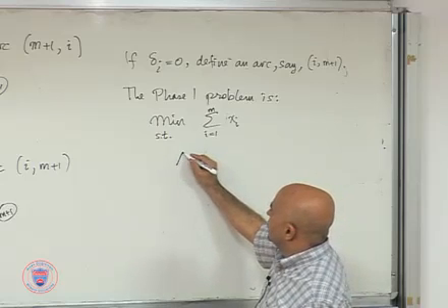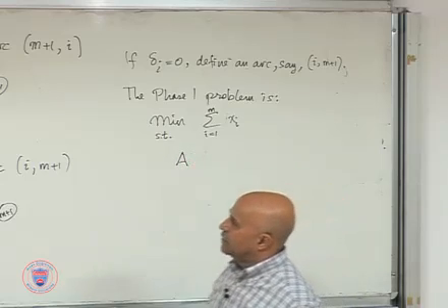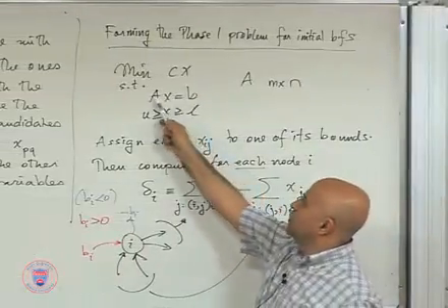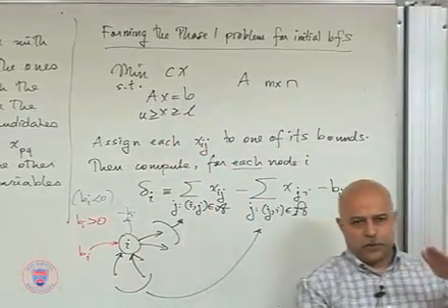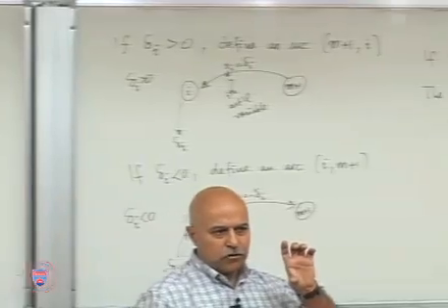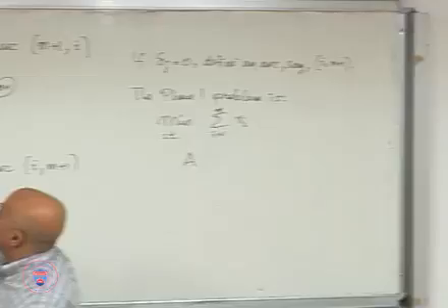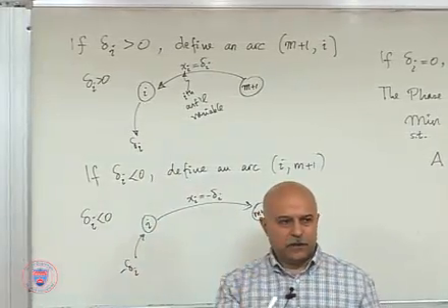Now I'm going to partition AX equals B into two parts: the rows that correspond to plus delta i's and the rows that correspond to negative delta i's.